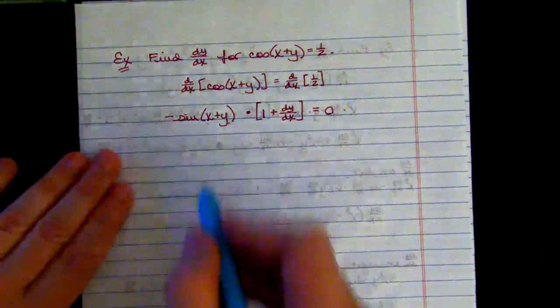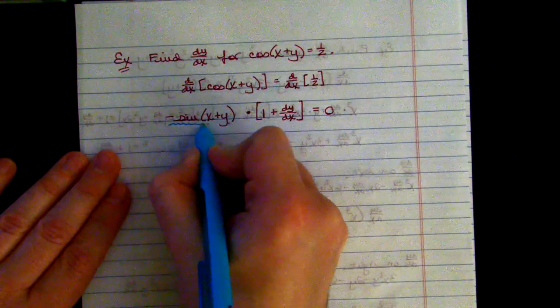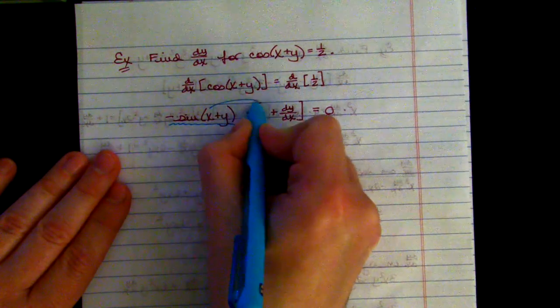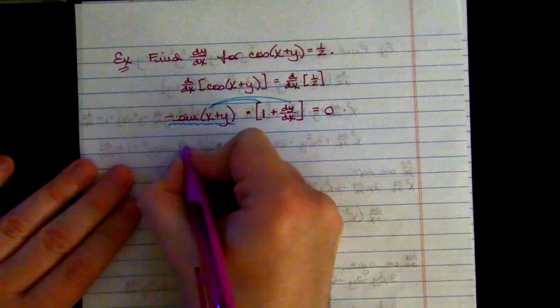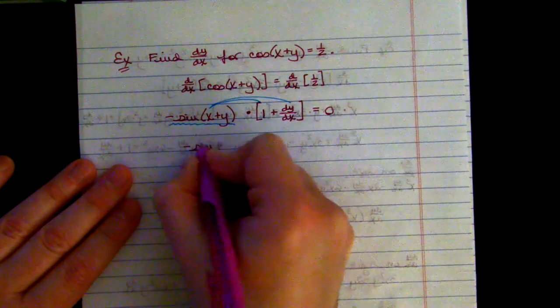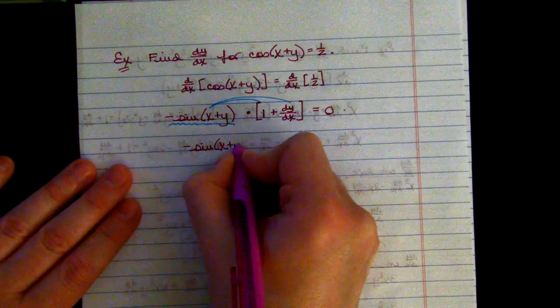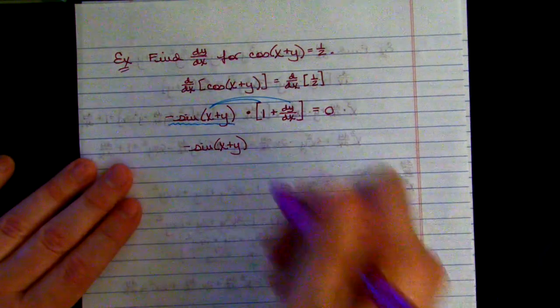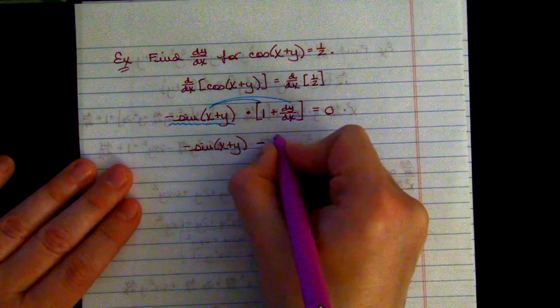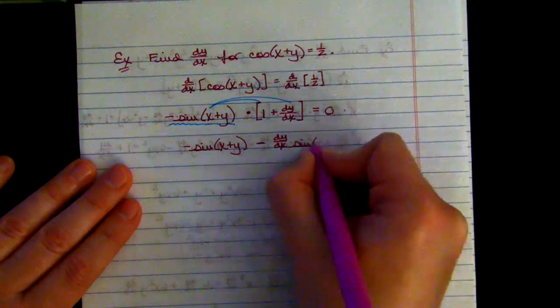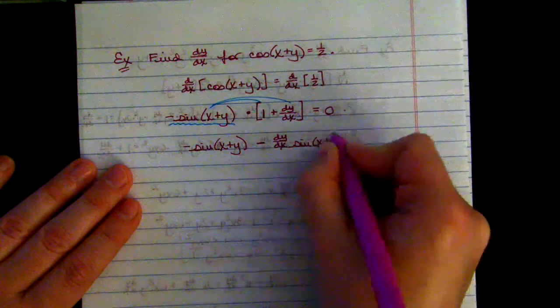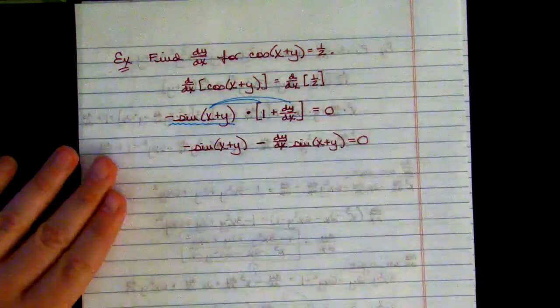To move on, I'm going to distribute this piece to both of the things inside the parentheses. I'm going to get negative sine(x plus y) minus, I'll move my dy/dx out front, dy/dx times the sine of (x plus y) equals 0.